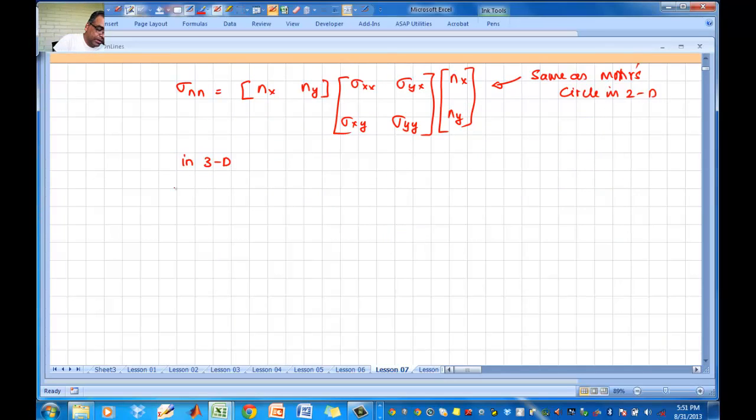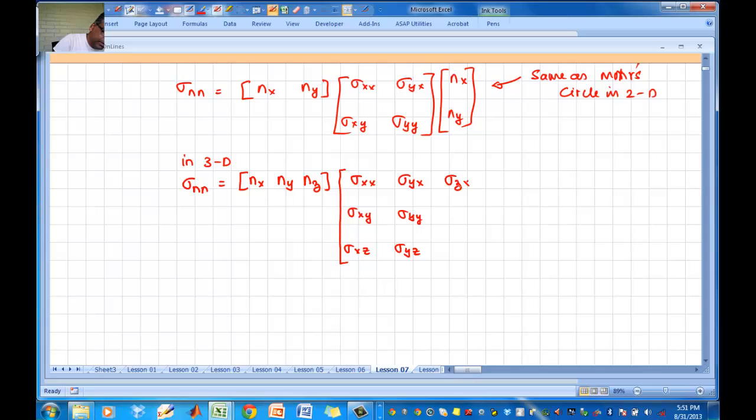So I'm going to write that sigma nn equals nx, ny, nz times the matrix sigma xx, sigma xy, sigma xz, sigma yx, sigma yy, sigma yz, sigma zx, sigma zy, sigma zz, times nx, ny, nz.